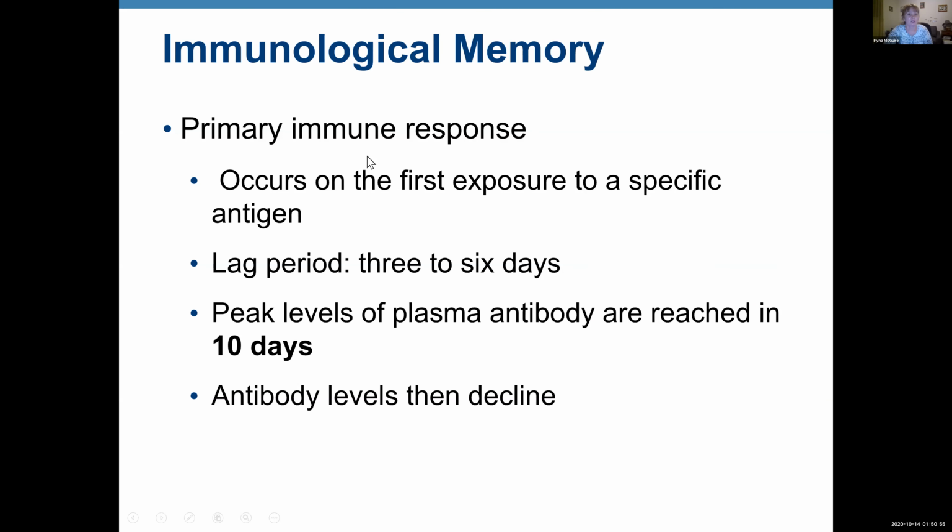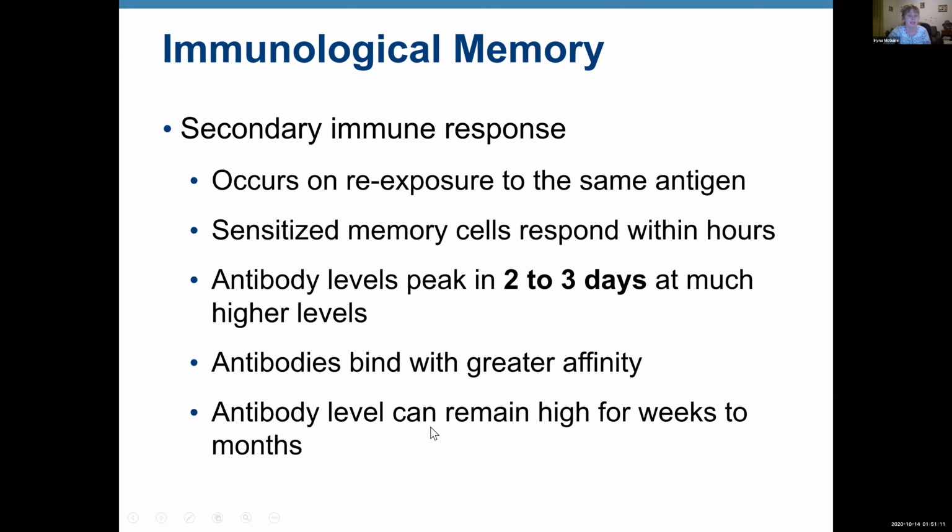So the primary immune response occurs on the first exposure to a specific antigen. The lag period is 3 to 6 days, and the peak level of plasma antibodies is reached in 10 days, and then antibody levels decline. The secondary immune response occurs on re-exposure to the same antigen.